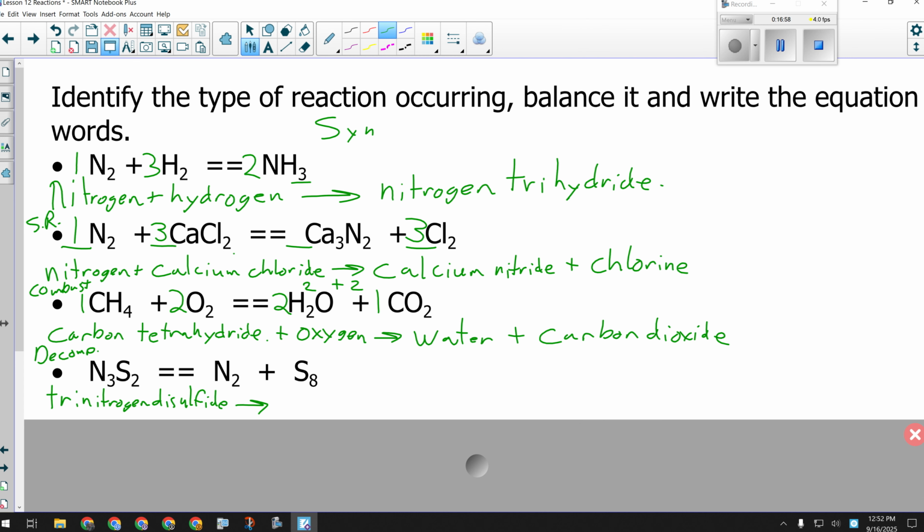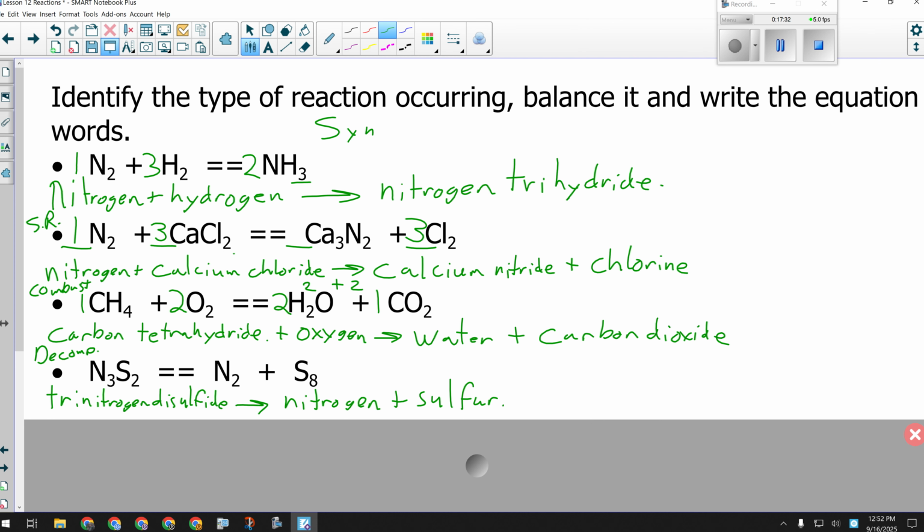And here's the trick with decomposition reactions, especially with molecular compounds. They usually produce special elements. Right now, not a big deal, we see them. But when we're predicting the products, we have to remember which ones are special because it'll affect our balancing if we don't. So this stuff would be nitrogen plus sulfur, just sulfur. That's how sulfur exists as an element.